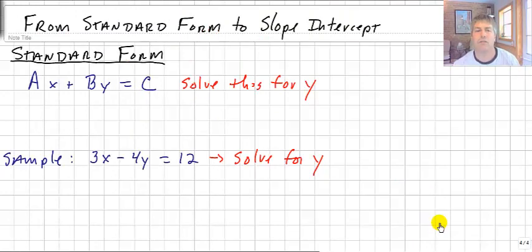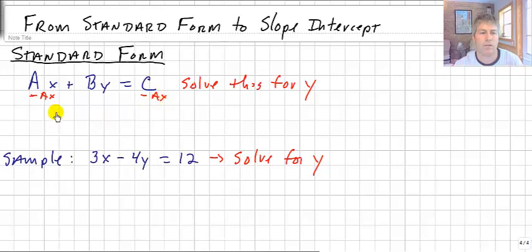And the final thing for this video, we're going to take a look at converting something from standard form into slope-intercept form. So we're going to take this particular equation. Let's take standard form, ax plus by equals c, where a, b, and c are all integers, and let's solve this for y, and see what we get. So I want to solve for y, so I'm going to subtract ax from both sides.